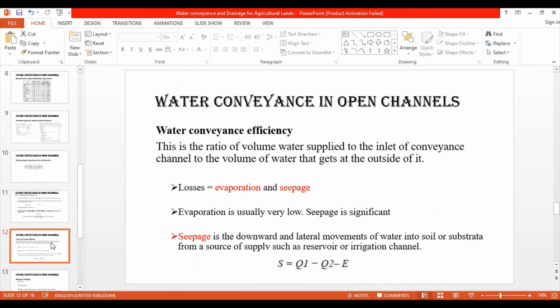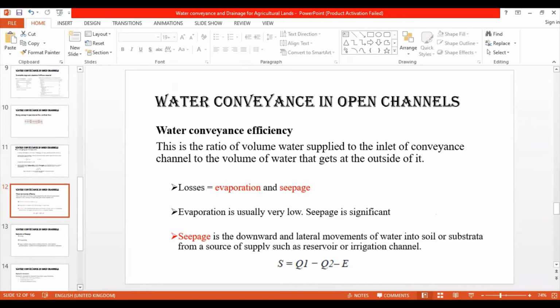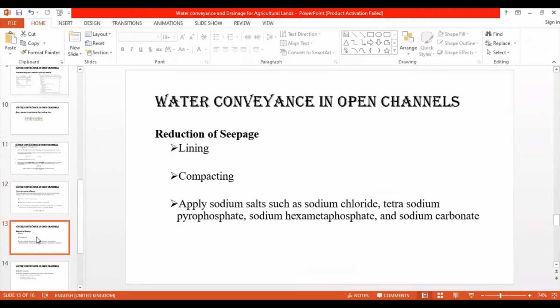To do that, we need to make sure that water is not infiltrating from the base of the channel into the soil. One way we can do that is by lining our channel. We can either plaster the channel or put a layer of concrete on it.